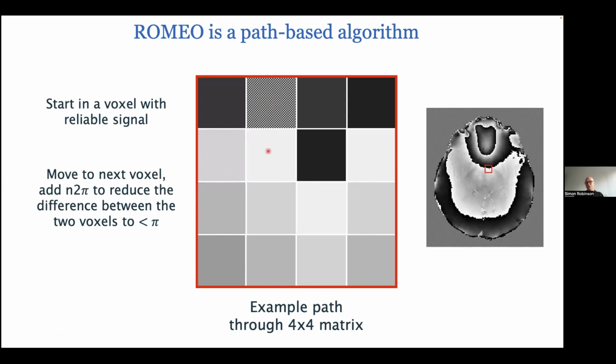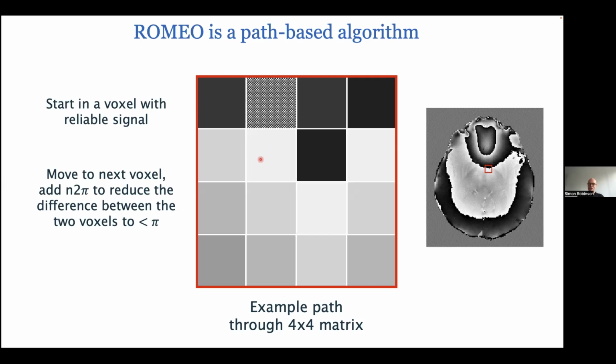So basically what you do in phase unwrapping in a voxel by voxel method is to compare the phase values between voxels, and say that if the difference between those voxels in the phase is more than pi, then you add or subtract pi to it in order to reduce the difference to less than pi.